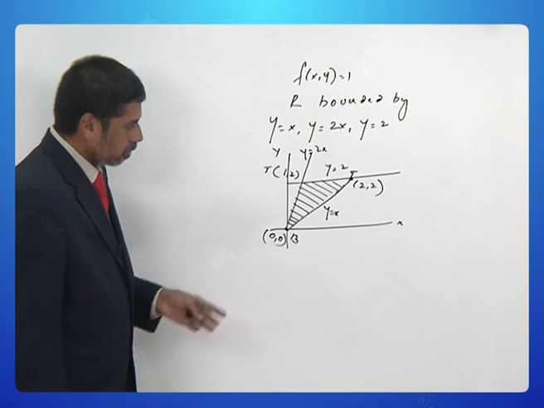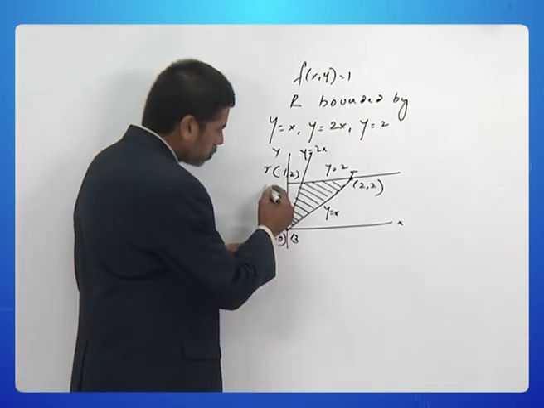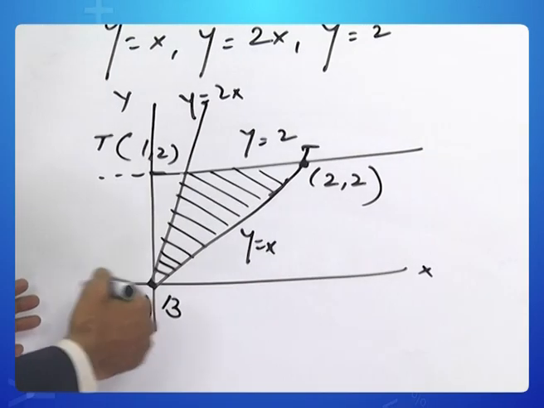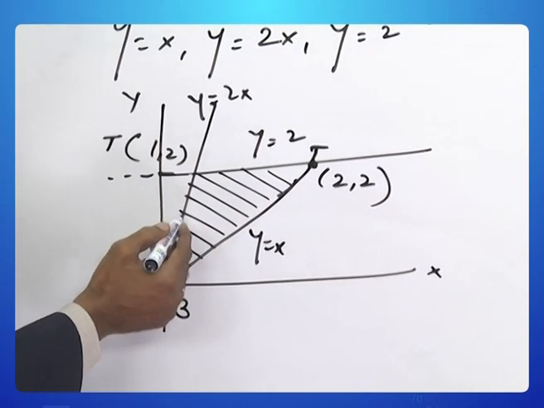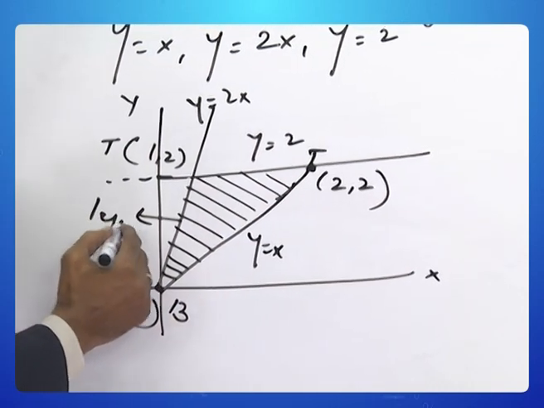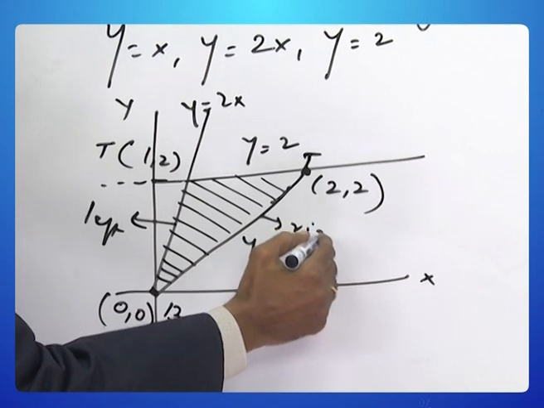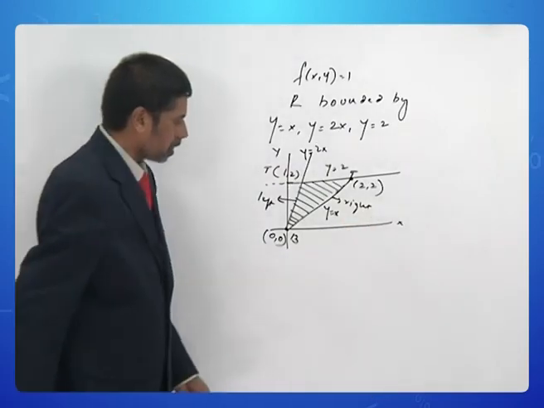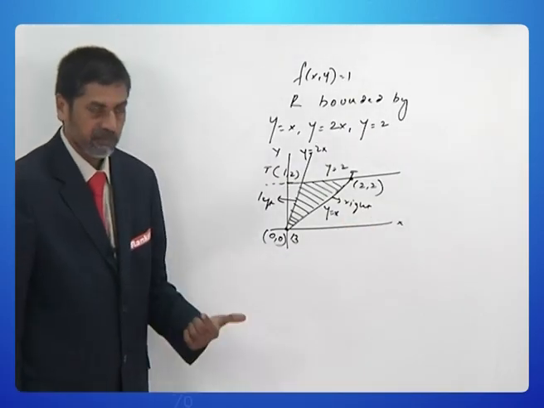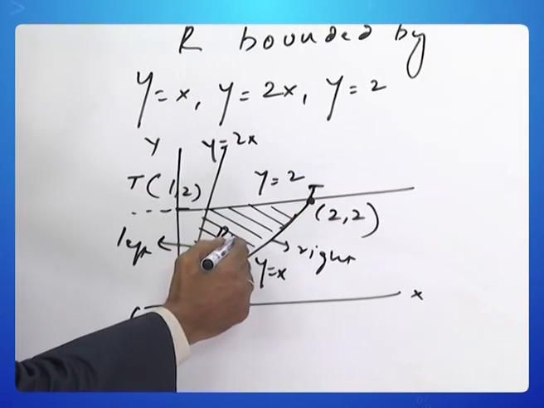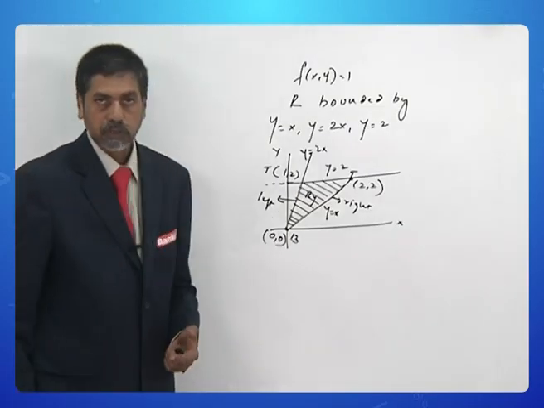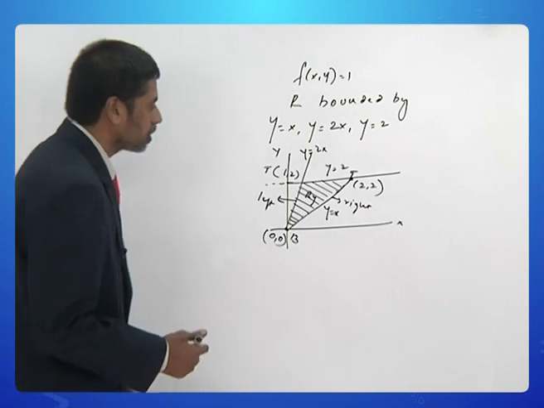So between this parallel and this parallel, this left curve and this right curve are not intersecting. Therefore, this region is Ry. So let us write the limits.